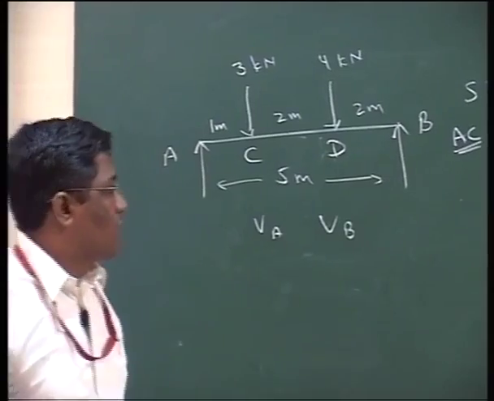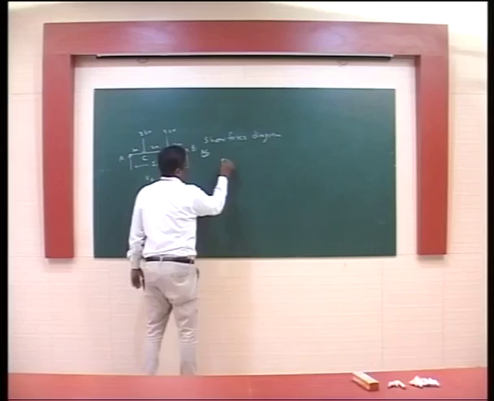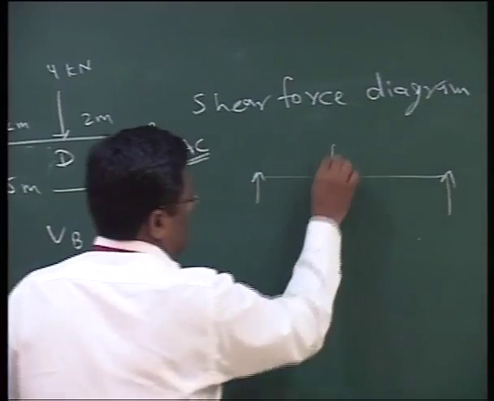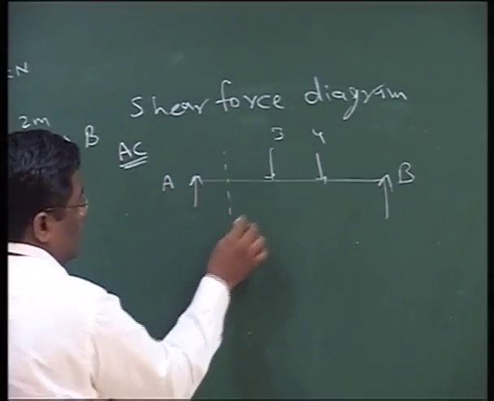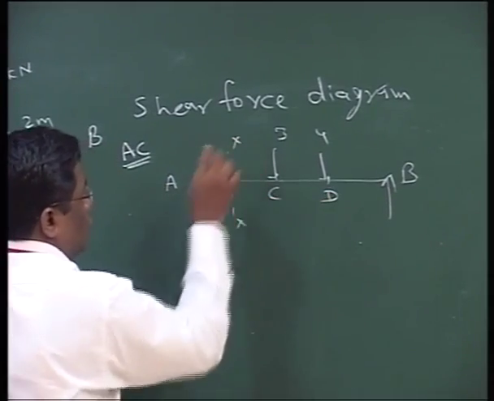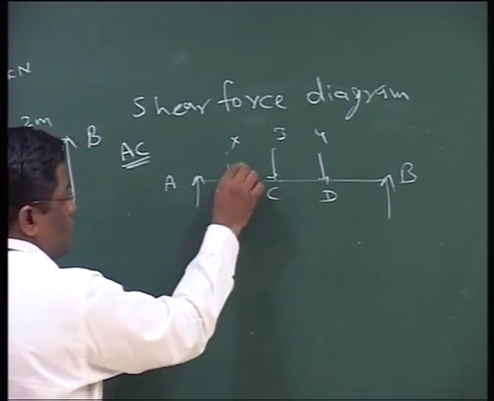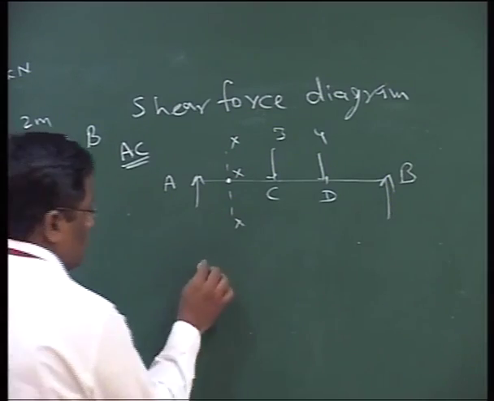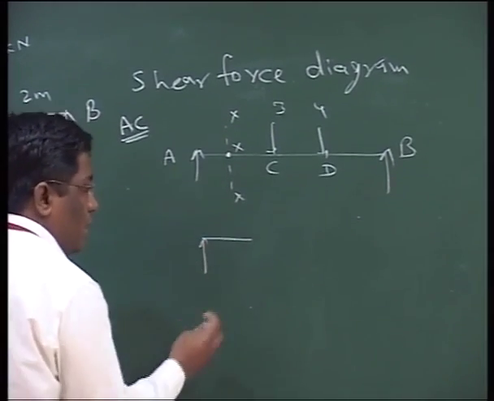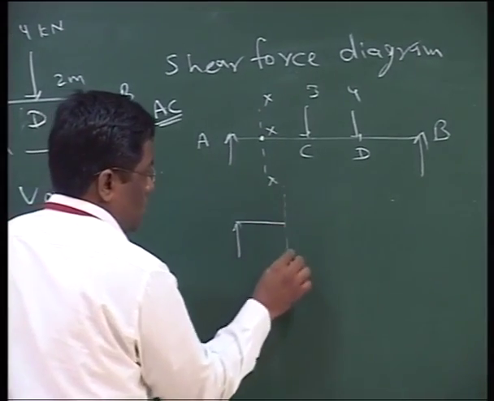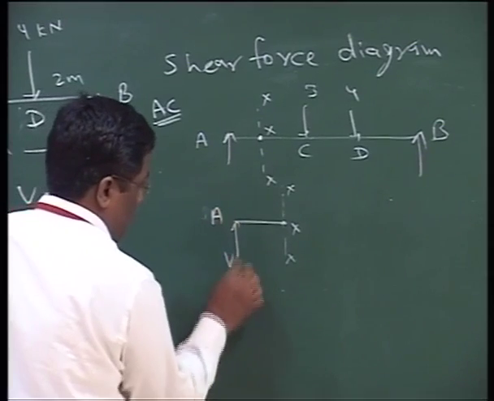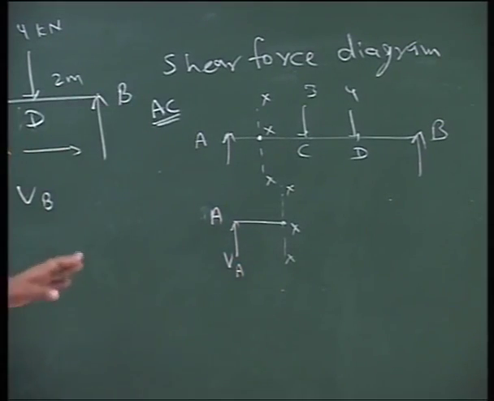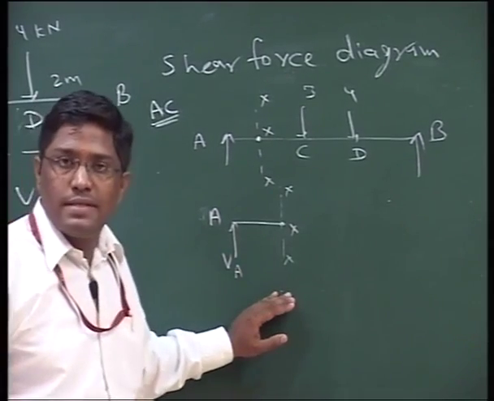If we draw this beam and cut a section in the portion AC, that is point X, and draw it again separately, we have only one force on the left side of this section.